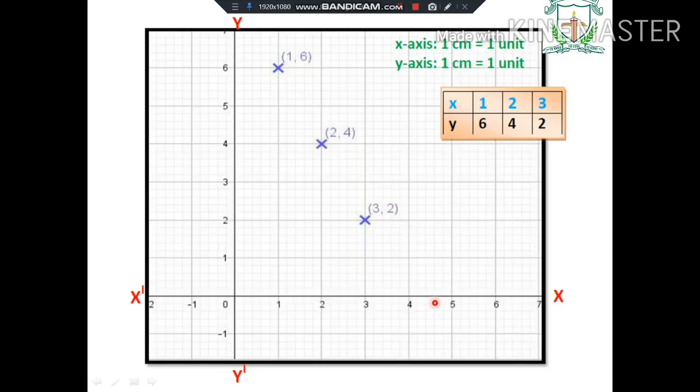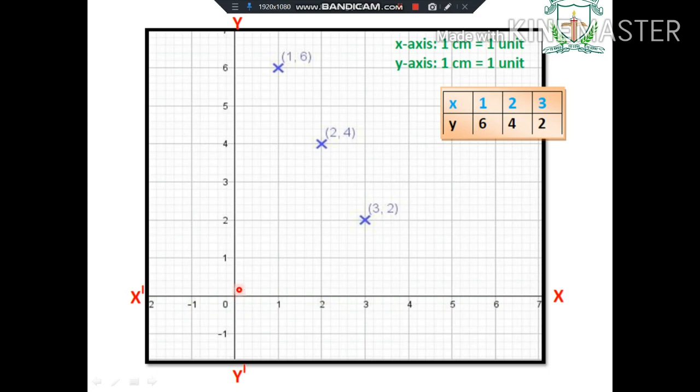Dear children, yes, you have prepared the graph like this. X dash, this is x-axis, and y dash, this is y-axis. So you have taken x-axis 1 centimeter is equal to 1 unit, y-axis also 1 centimeter is equal to 1 unit. From here to the right hand side, mark all positive values: plus 1, plus 2, plus 3, plus 4, 5, etc. On the left hand side, minus 1, minus 2.